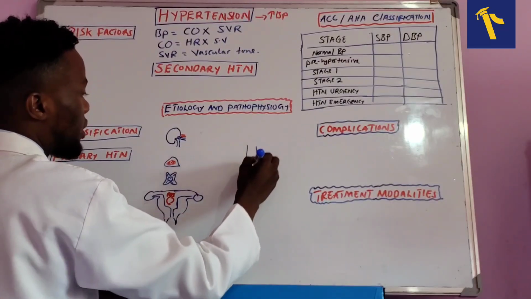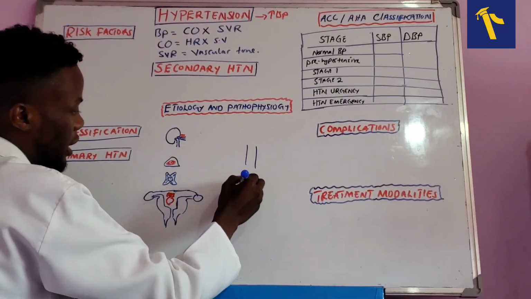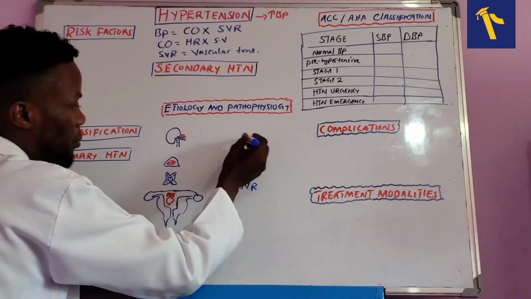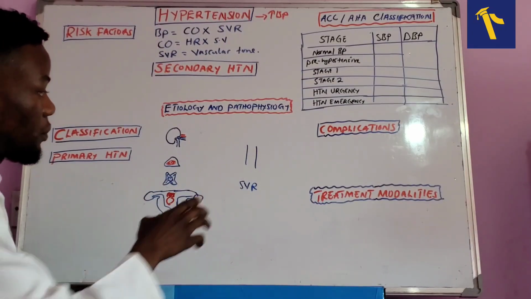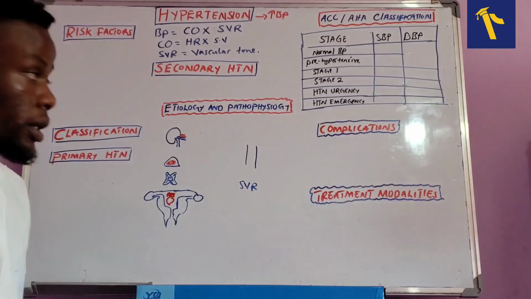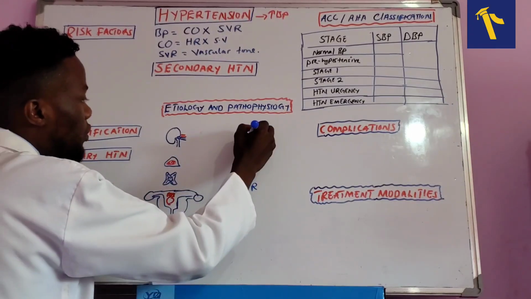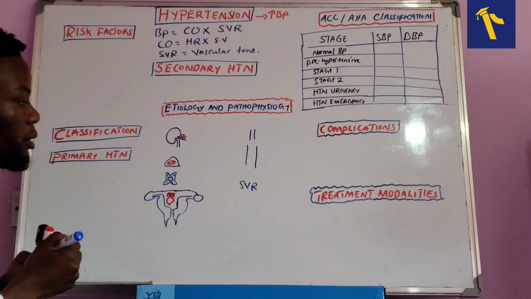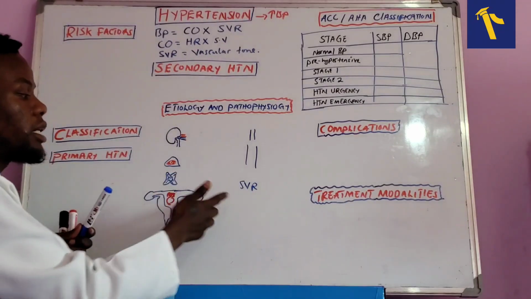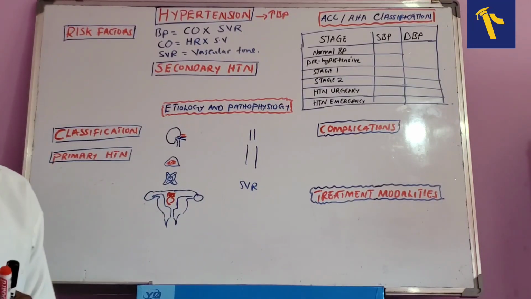If this is a blood vessel here, SVR is going to depend on the diameter of this blood vessel. If you squeeze this blood vessel and it becomes very small, it means that you are going to elevate the systemic vascular resistance.